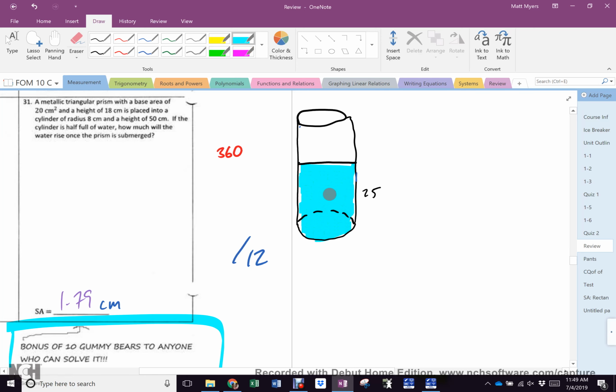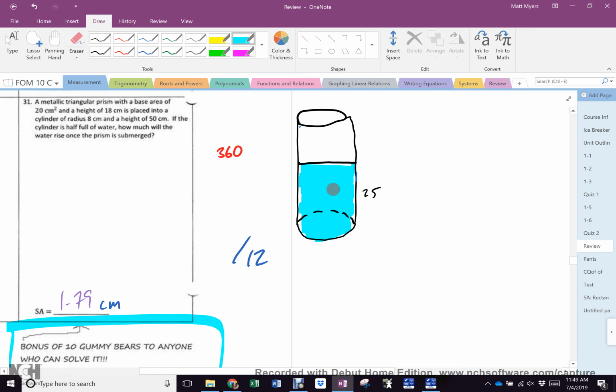Okay. Everybody understands that the water is in a cylinder, right? And everybody understands this water is creating a cylinder, yeah?